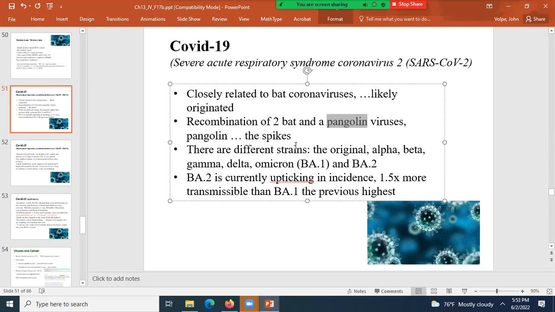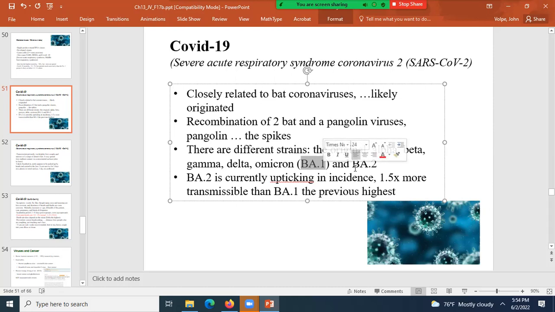There are different strains of the COVID-19. The strains are mutations of the original, and they have different names. The original is just called the original coronavirus 19 or COVID-19. There was alpha, there was beta, there was gamma, there was delta, there is Omicron, which has another name, BA1.